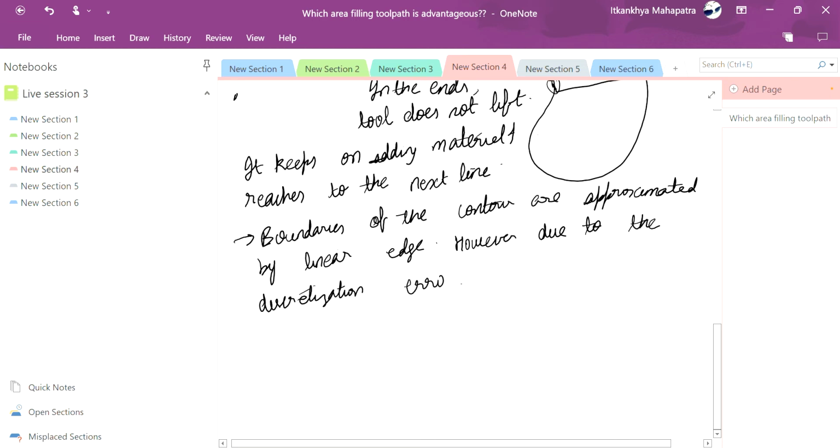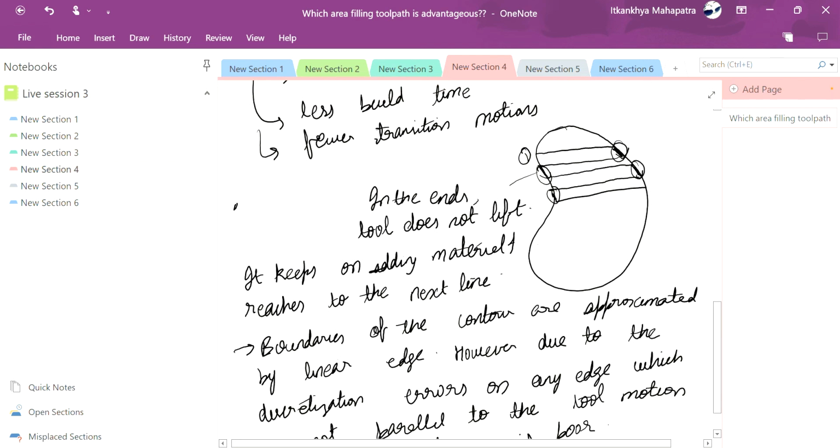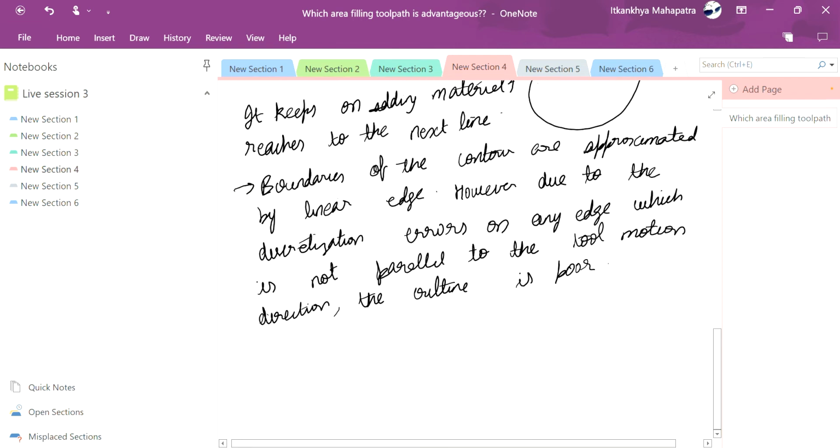So there are some discretization errors on any edge which is not parallel to the tool motion direction. The outline is poor. So here, when the tool deposits on the edges, it is not necessarily parallel to the tool motion direction, so the outline is poor.